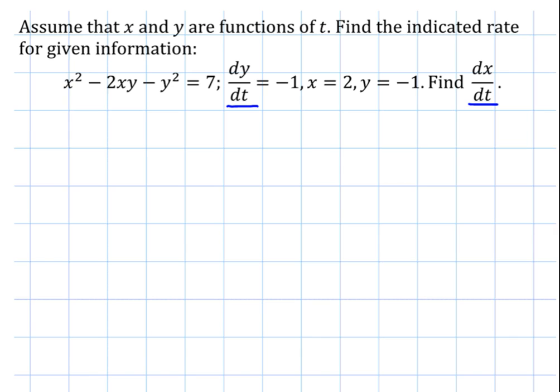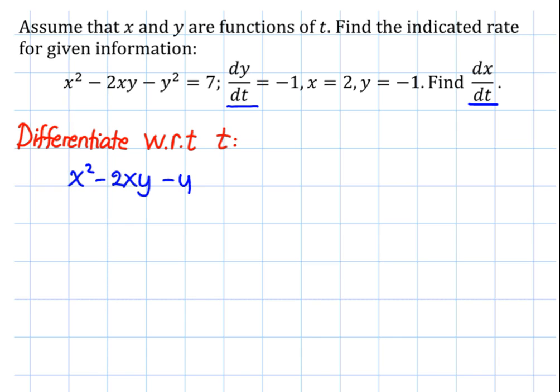So the first thing we do is differentiate with respect to t. So we have the left hand side and the right hand side, just 7.